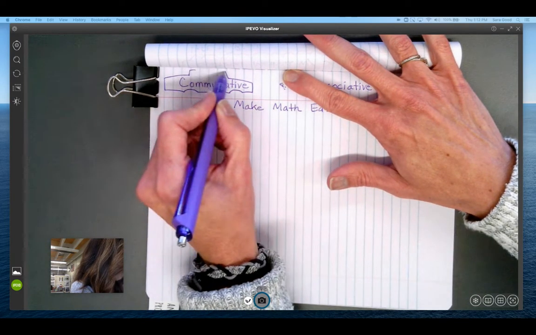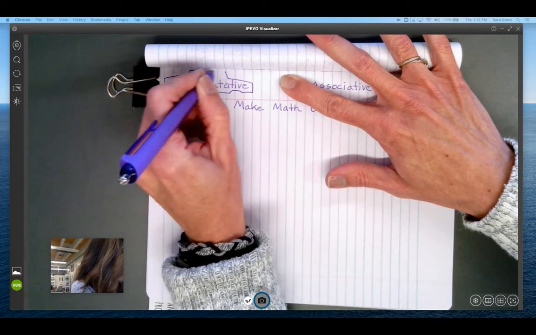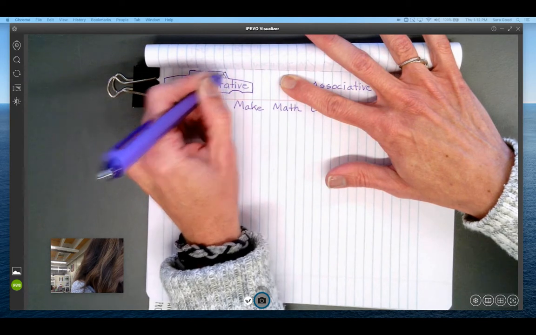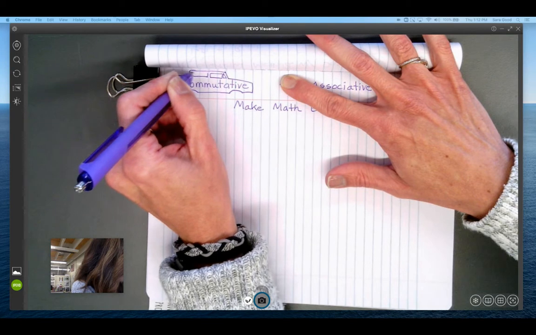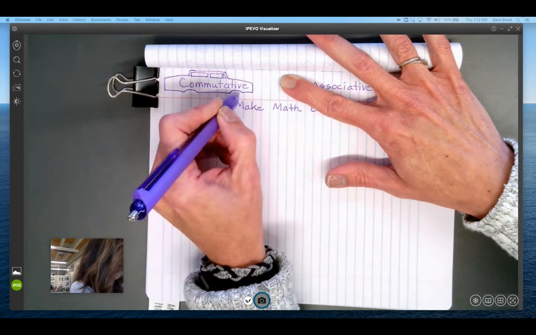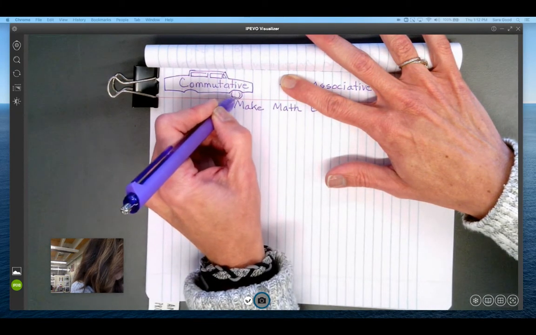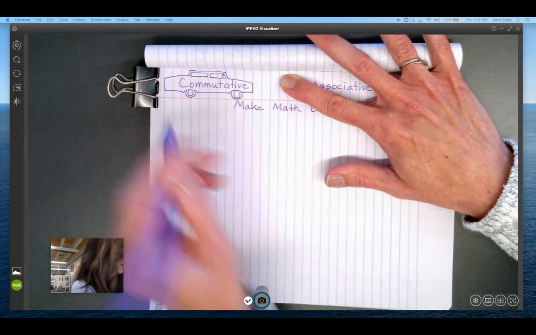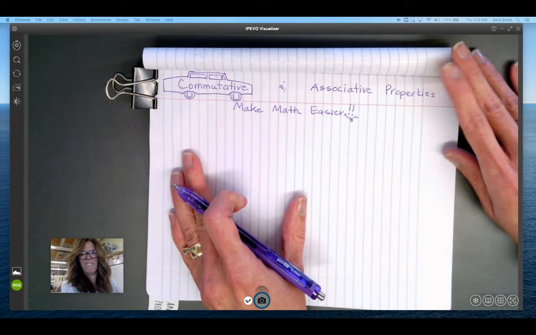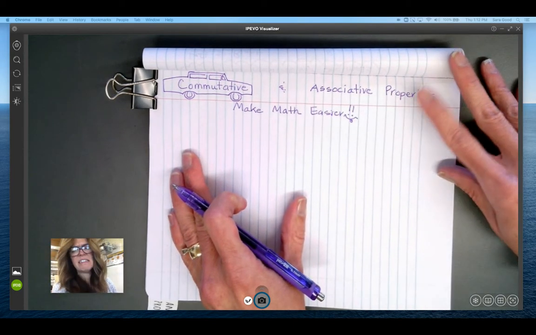Oh, there we go. Oh, I can do little windows if I want. I can make my cars as fancy as I want. I make my little wheels here, something like that. Like my car? Why did I put commutative inside a car?